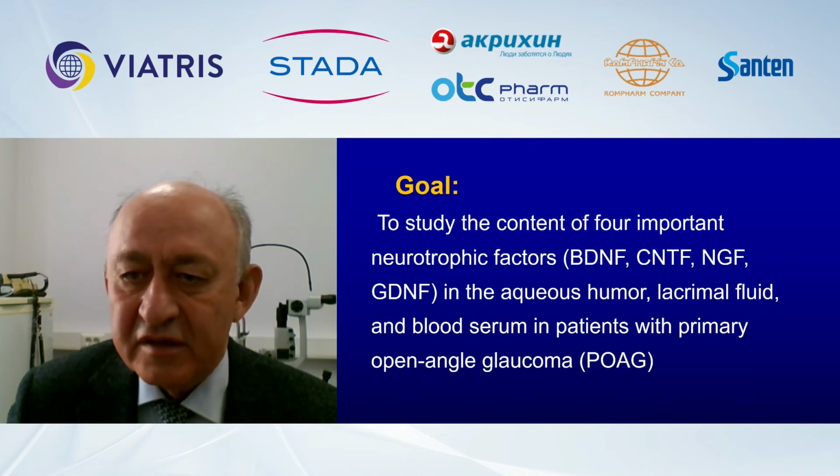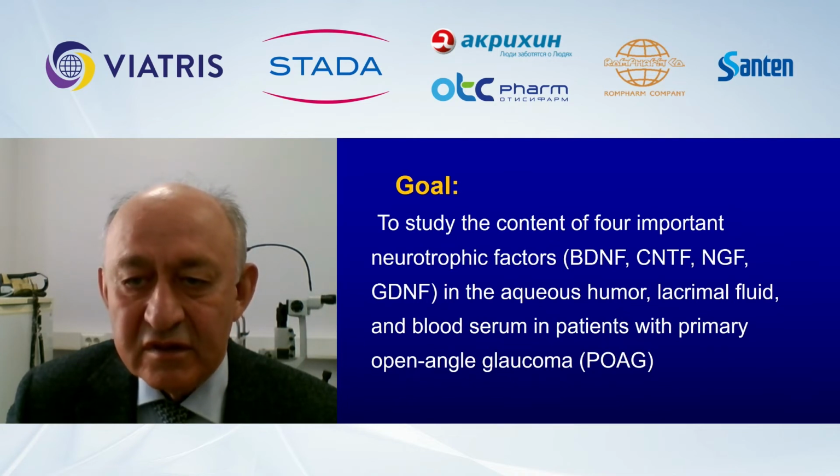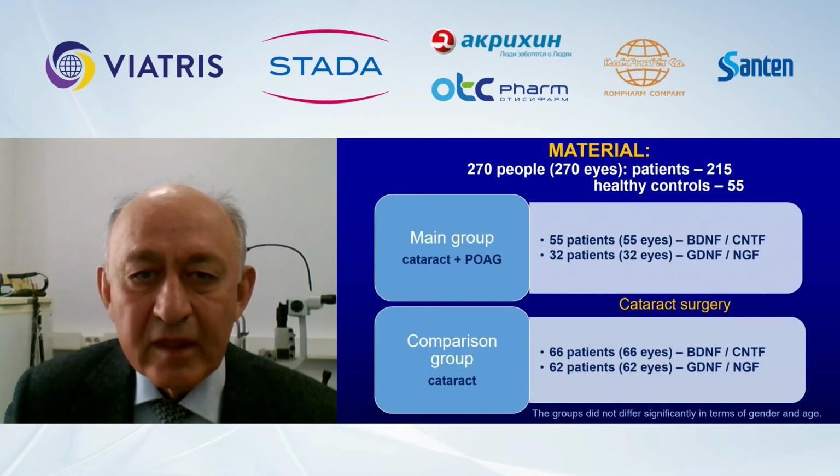So the objective of this clinical study was to identify and to measure four important, I would say even more important subjectively, neurotrophic factors, BDNF, CNTF, NGF, and GDNF in the aqueous, in the lacrimal fluid and blood serum of patients with POAG.